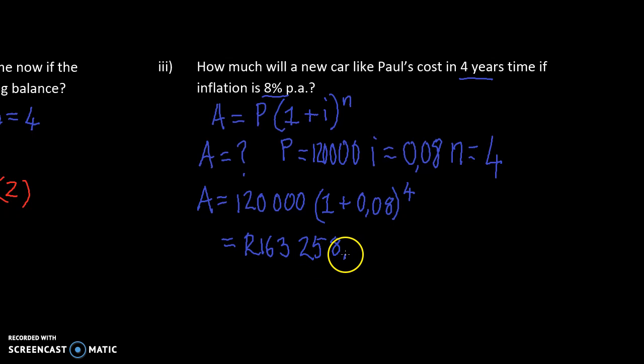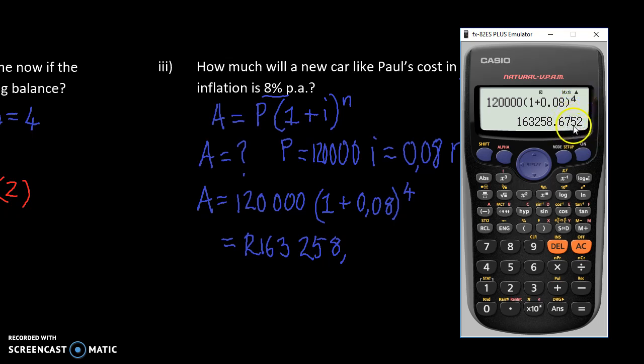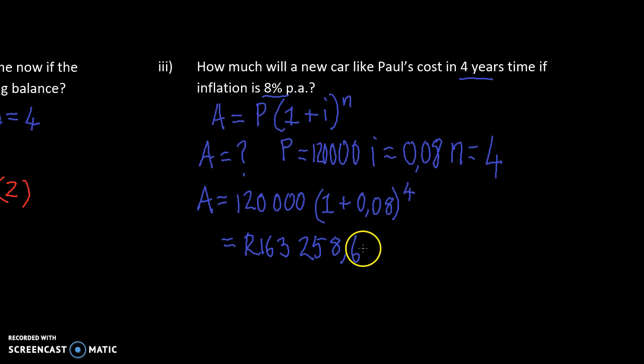And because it is money, we always round off to 2 decimal places, and we're going to round this up to 68 cents. In terms of your marks, once again, it's a 2-mark question. 1 mark for using the right formula and substituting correctly, and the other mark for getting the right answer.